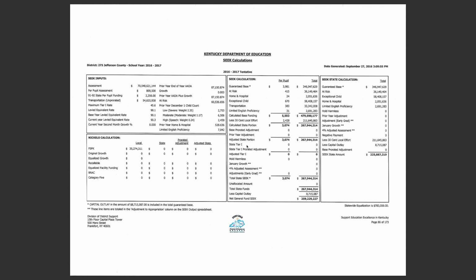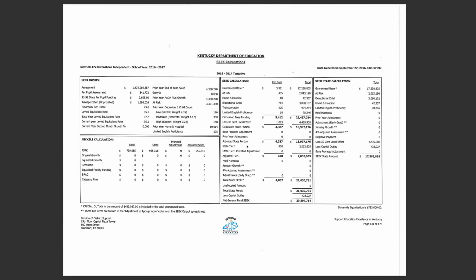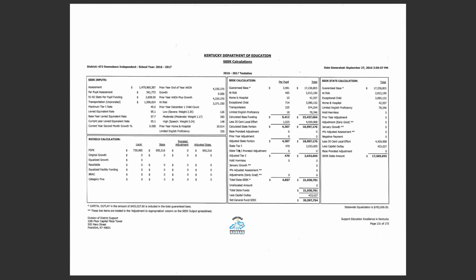All right. Moving on through and looking at the other elements of this calculation, we talked about Tier 1 and how that works. But we also mentioned in the SEEK overview that we did the 30-cent local effort. This is the 30 cents that you're supposed to collect to qualify for SEEK funding from your local tax base.